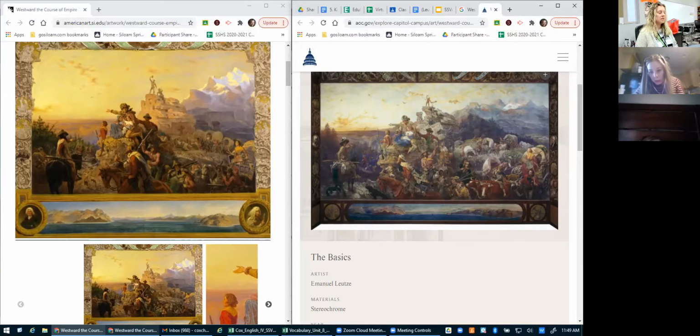Look at the shape that you see in the picture. What shape are we seeing in the center of the picture?